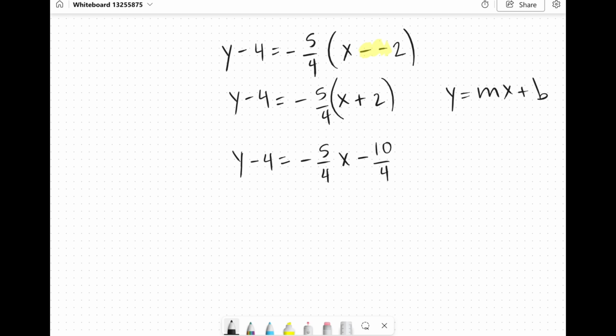Now, from here, you technically have to go ahead and take this -4 and add it here, but that will require you to work on fractions, and adding fractions or subtracting fractions will require you to have the common denominator. So instead of adding the 4 right away, I will remove the fractions.